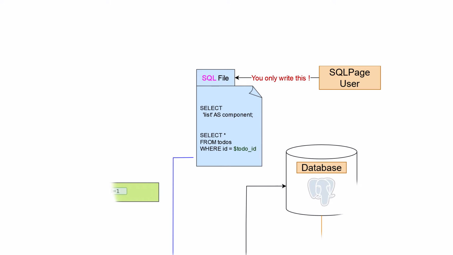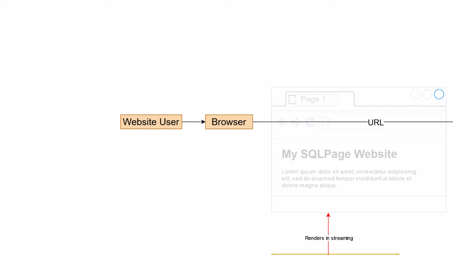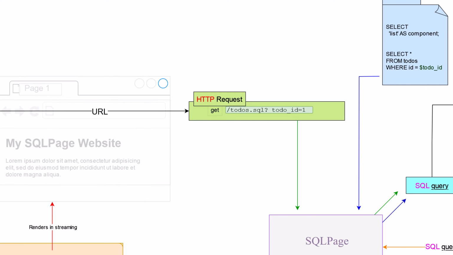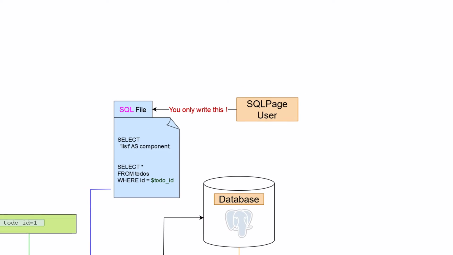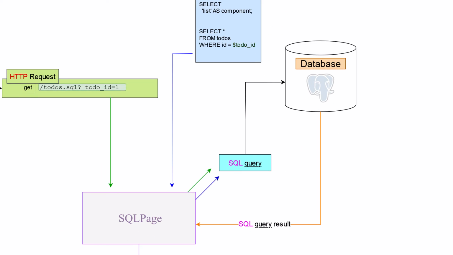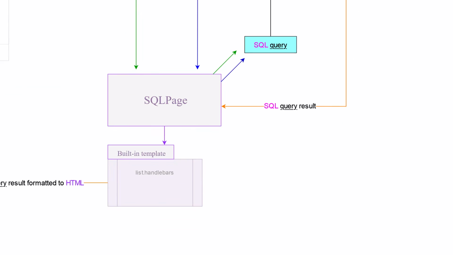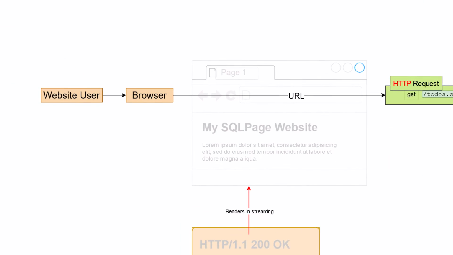Then, when your users load a web page in their browser, your SQLPage server receives a request, finds the matching SQL file to execute on your server, associates URL parameters with the request to prepared statement parameters in your SQL queries, and renders the query results using the built-in or custom HTML component templates.